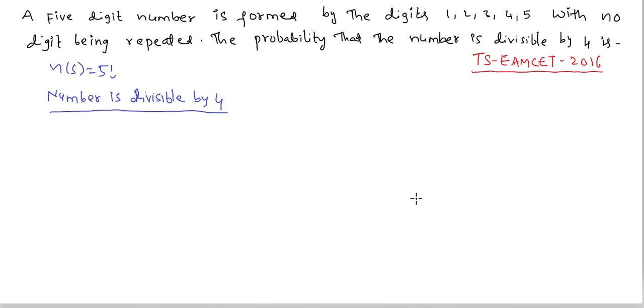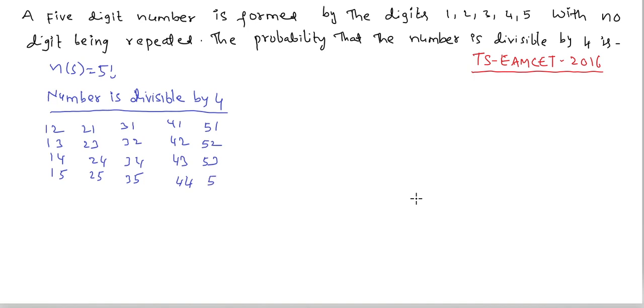So the possible ways for the last 2 digits, write down all the ways: 1 2, 1 3, 1 4, 1 5, and 2 1, 2 3, 2 4, 2 5, 3 1, 3 2, 3 4, 3 5, 4 1, 4 2, 4 3, 4 5, 5 1, 5 2, 5 3, 5 4.